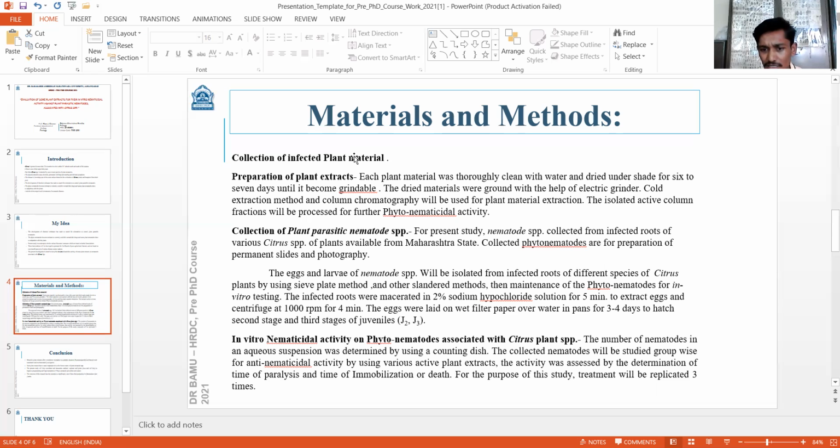The activity was assessed by determining the time of paralysis and the time of immobilization or death of the nematodes. Treatment will be replicated 3 times to get better results.